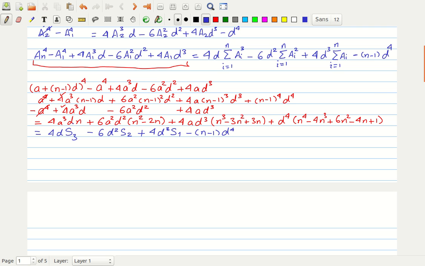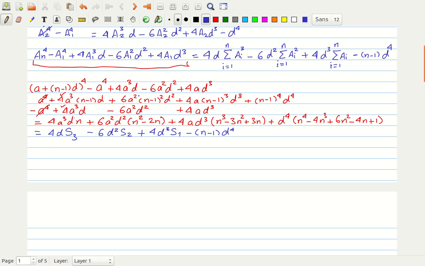Now you can see that we have d which can be cancelled out from both the sides, right? So I can take d as a common factor out on both the sides and cancel it, right?